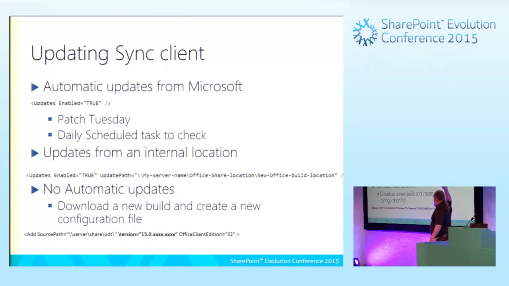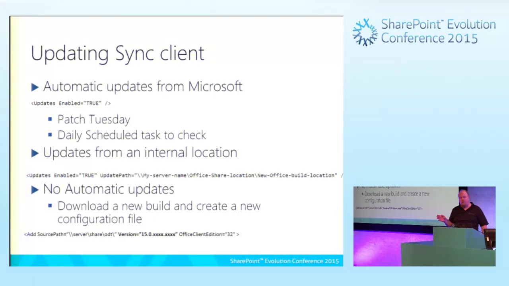Before SP1 in the Office client, we only had one installation point for the full organization. This was challenging because if you had a global organization, you usually want installation points close to your user base. Now we support replicated file shares, so you can have multiple installation points. We've done a lot of work in this space.